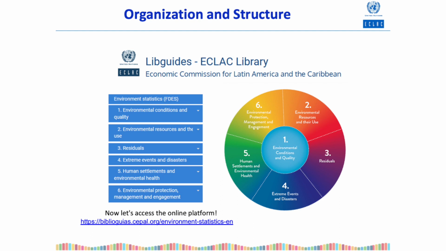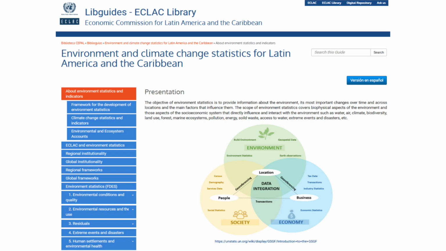Now we are going to enter the online platform to view each section and subsection of the LiveGuide. It begins with the presentation and objectives of environment statistics and the interrelationship between the environment, society, and the economy. In this part, you can access the full document and its tools.